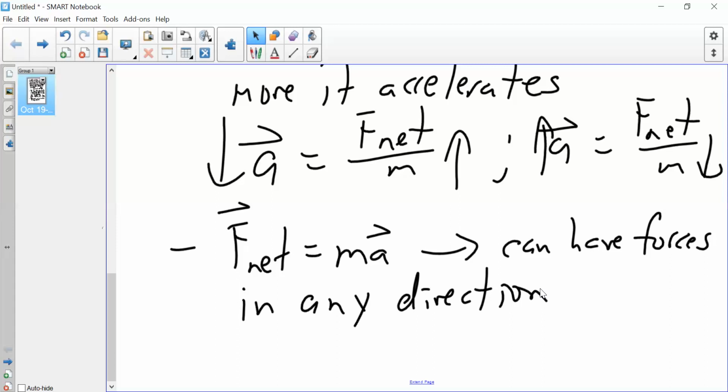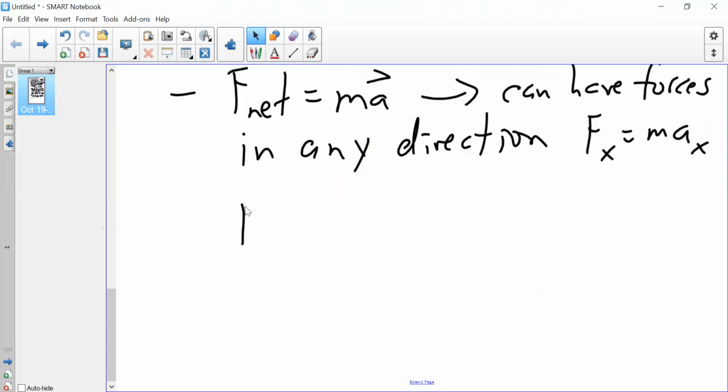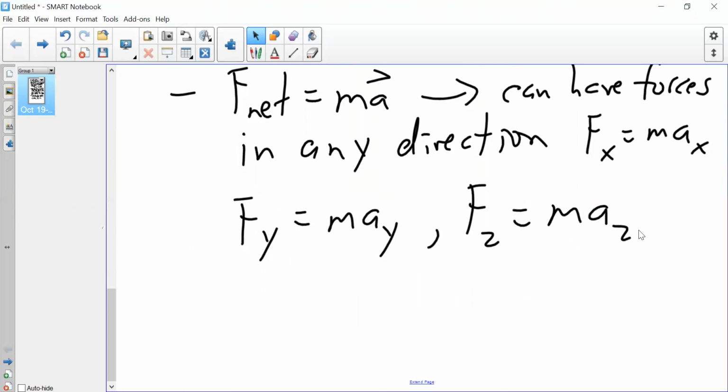Whatever direction the larger force is acting, that's what dominates the system, so the object's going to move in that direction only. And so we can have force in any direction. Fx equals mass times acceleration in the x direction, and likewise for the y direction. So there shouldn't be anything crazy about that.